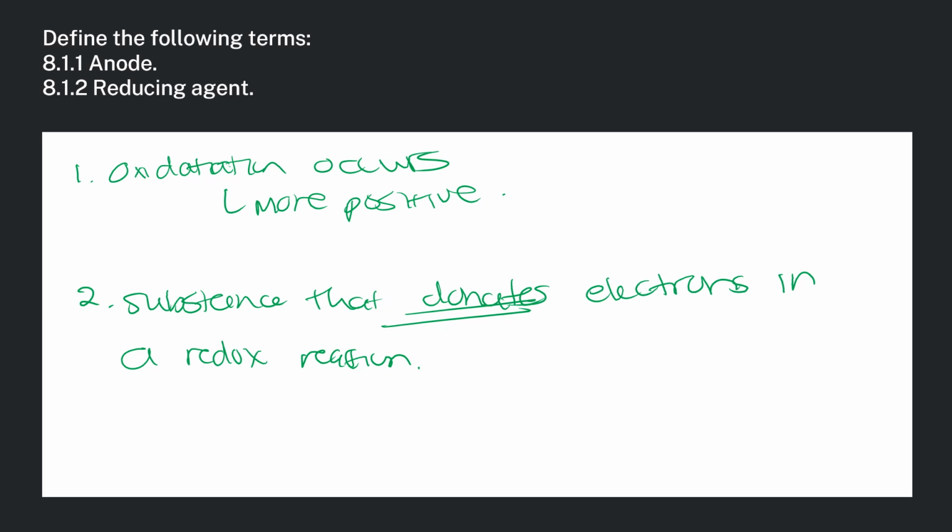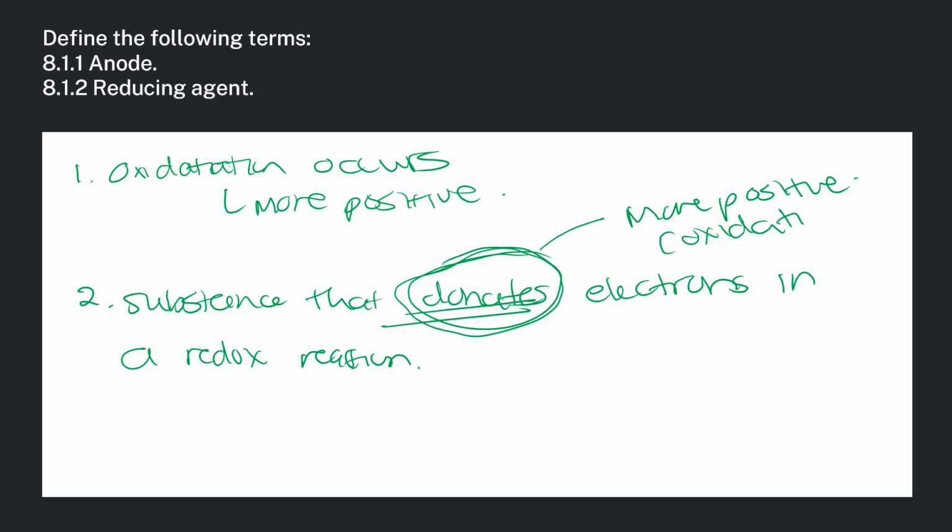So your oxidation reaction is where you find your reducing agent. Always, because it's the one that's donating. If it donates, it means it's giving away electrons. If it's giving away electrons, it must be becoming more positive, which associates with oxidation reactions.